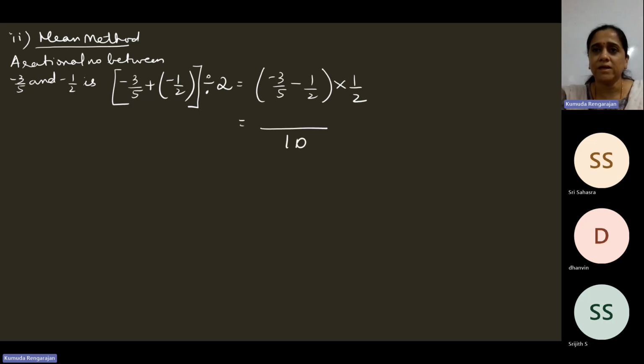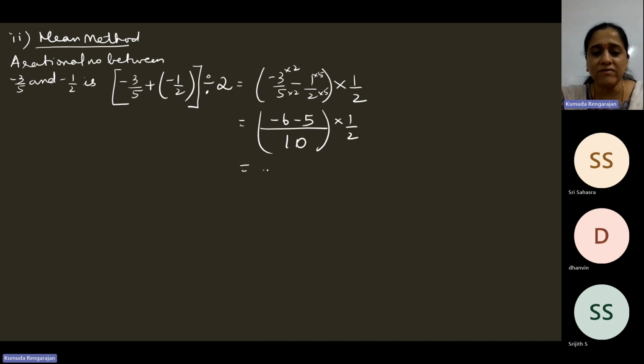10 is the LCM. So it will be minus 6, minus 5 into 1 by 2. Because this is 5, we should multiply by 2, right? And this is 2, so we should multiply by 5. So it will become minus 6 minus 5.